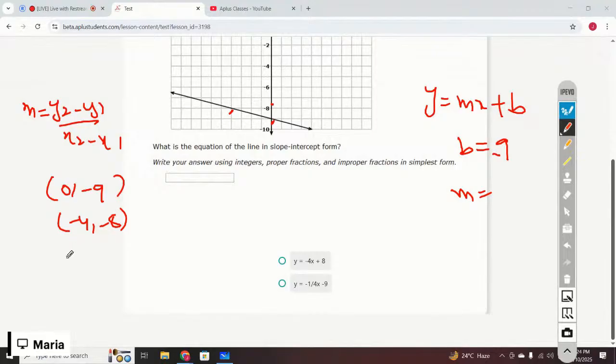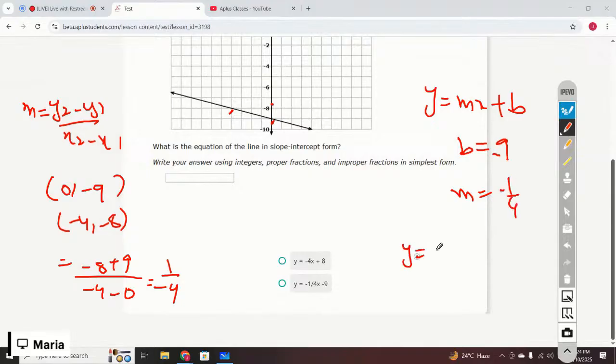Now calculate the slope, y2 minus y1. y2 is -8 plus 9 divided by -4 minus 0. So 9 minus 8 is 1, that is -1 by 4. So the slope is -1 by 4.